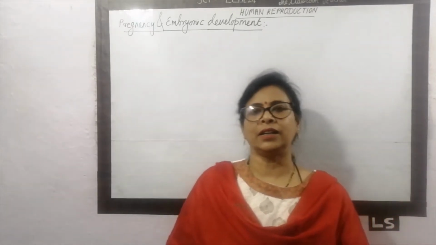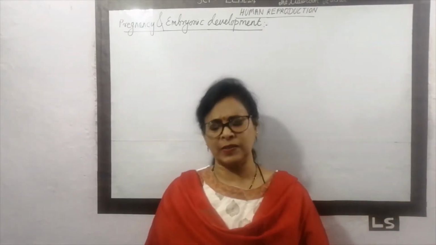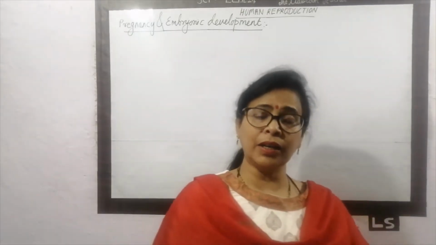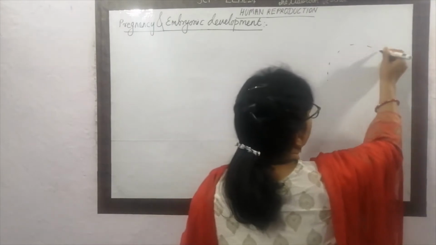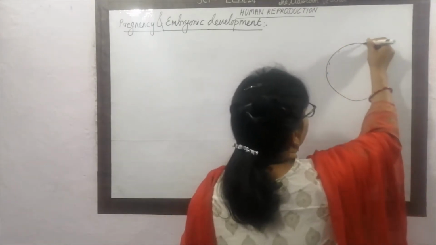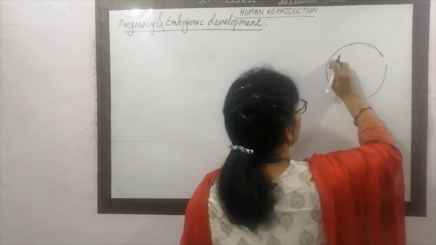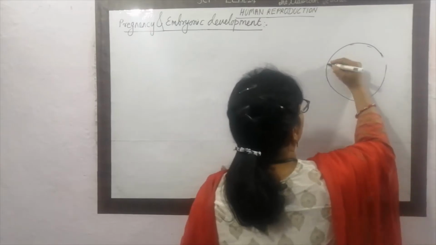According to the NCERT textbook, we have to consider how the blastula implants inside the endometrium. This is the blastula, composed of the outermost rectangular trophoblast.